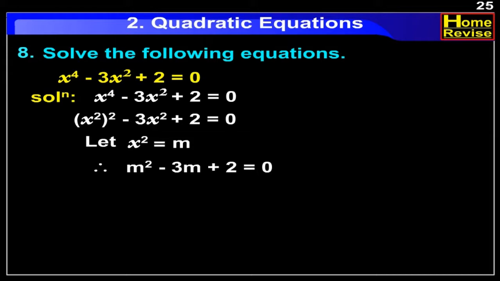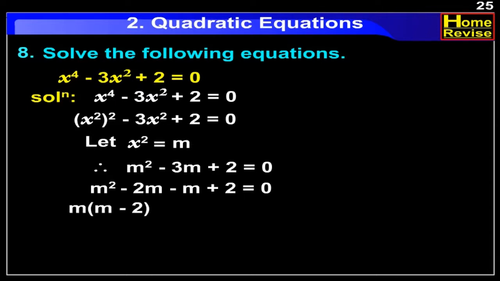Splitting the middle term, we get m square minus 2m minus m plus 2 is equal to 0. Taking out m common from the first two terms, we have m(m minus 2). And taking out minus 1 common from the next two terms, we have minus 1(m minus 2) is equal to 0.